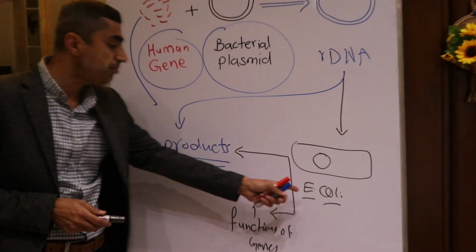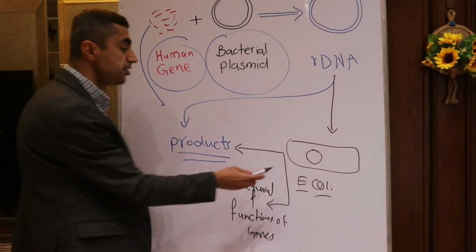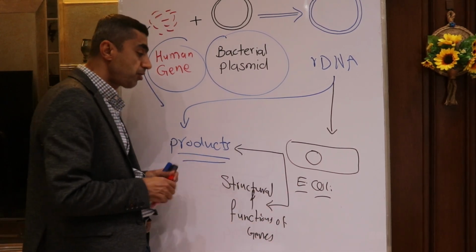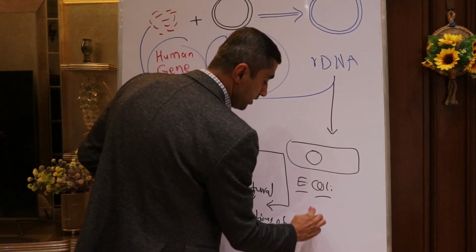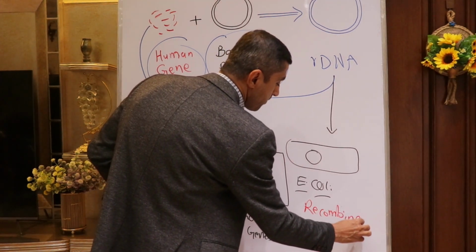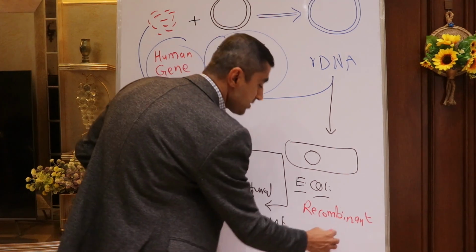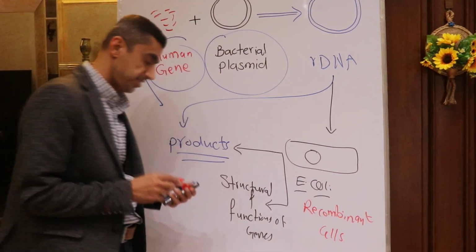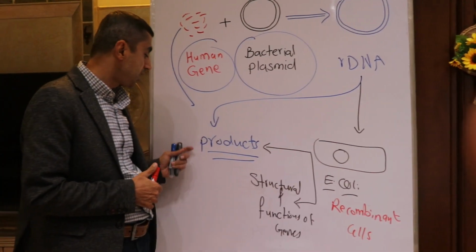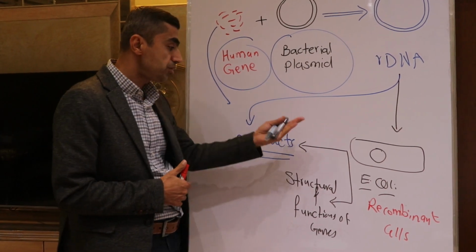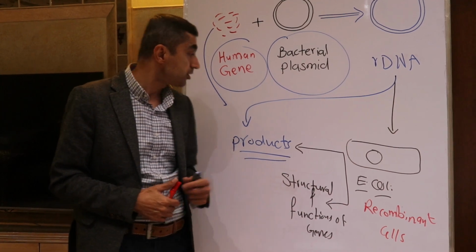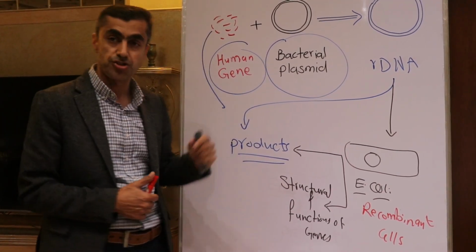So the recombinant DNA, when inserted into a host cell such as E. coli, is called a recombinant cell. So the recombinant cells can produce new products, or we can use them in order to know the structure or functions of our targeted genes.